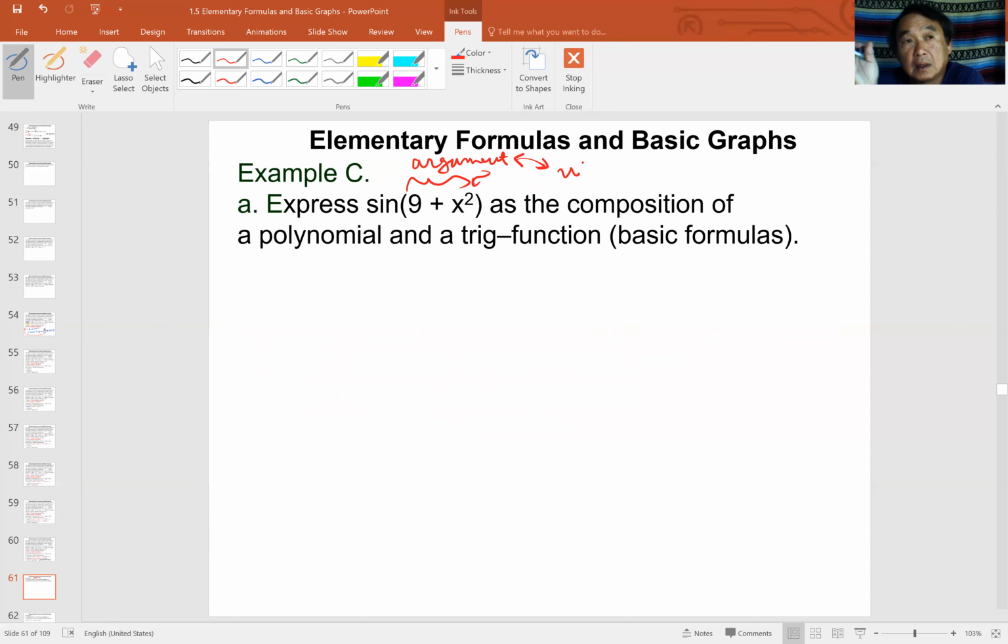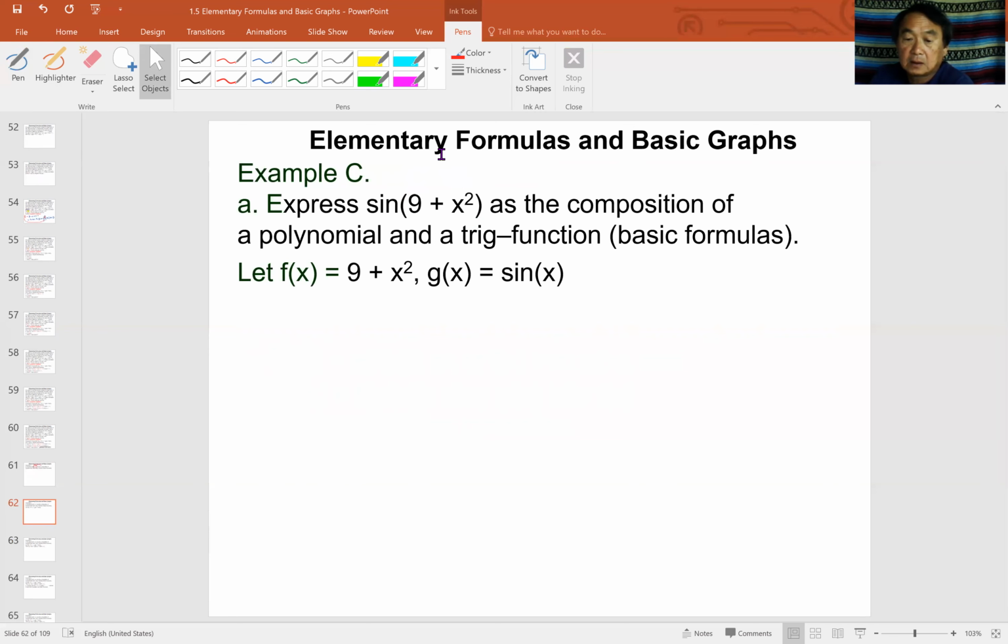You will see the letter U serve in a lot of contexts. It serves as the argument, that is, the thing going to be put into the formula. In this case, it's 9 plus x squared. So the argument, U, is 9 plus x squared. Of x, f of x.